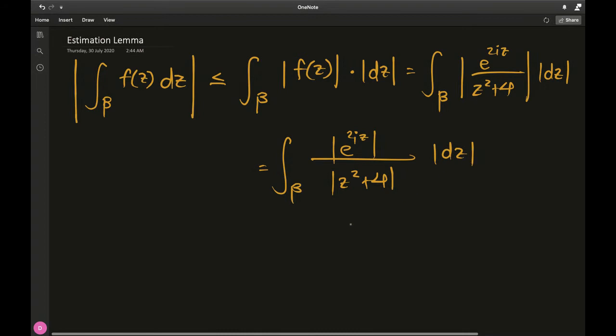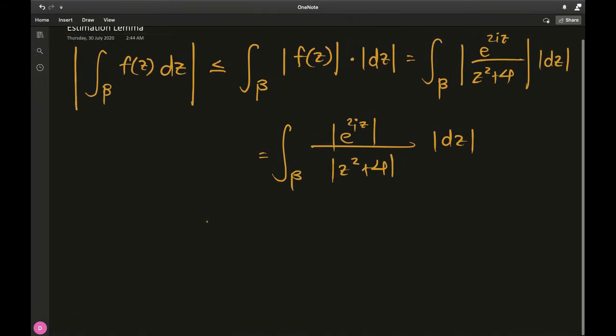times mod dz. Now we need to parameterize everything, because our beta was this semicircular path like this. So we can make a parameterization. Say let z equal the radius r times e to the i t.